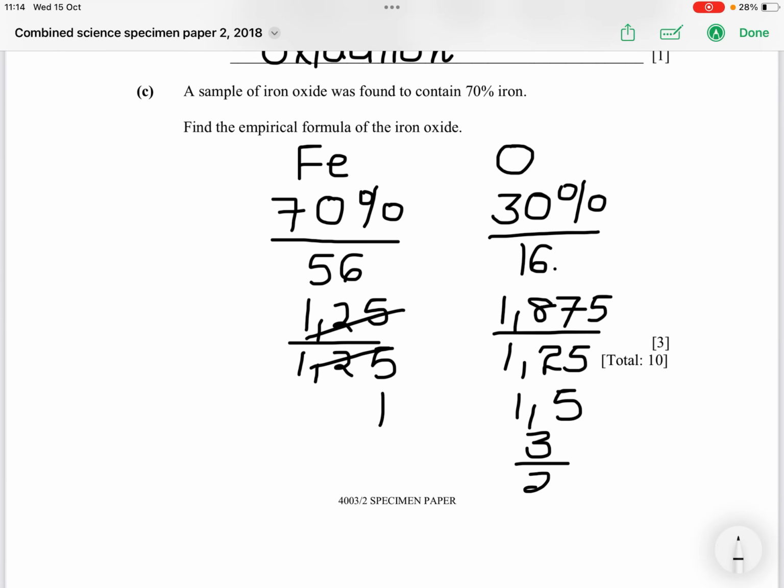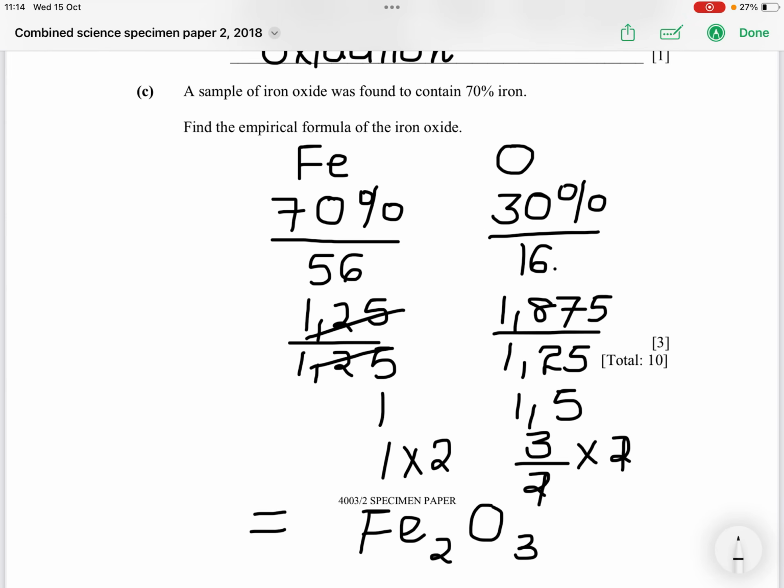You need to write 1.5 as a fraction. It is 3/2. And then after that, you multiply both sides by 2, so that finally our empirical formula is Fe2O3. This is going to be our empirical formula.